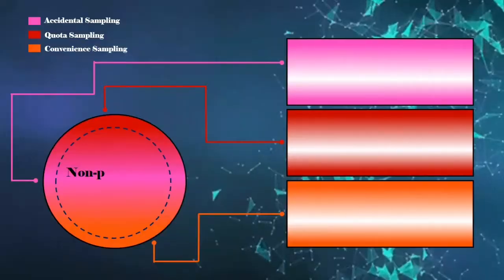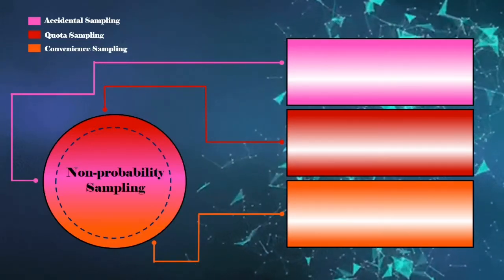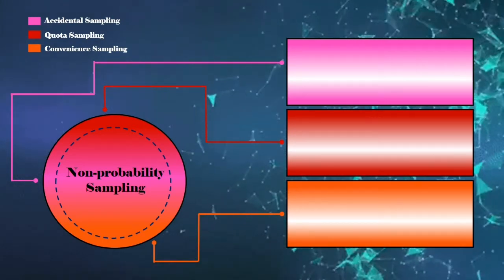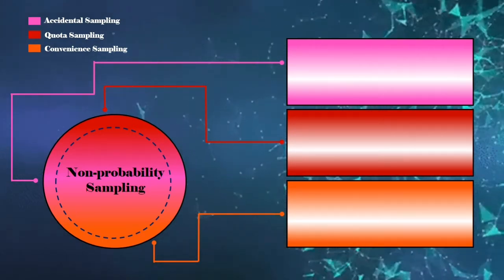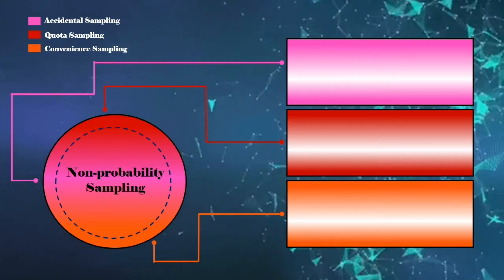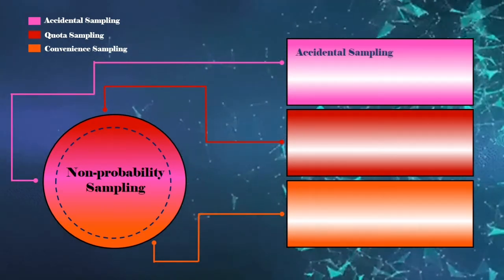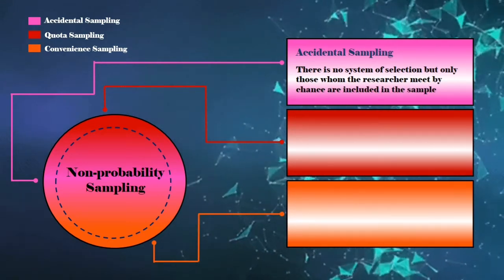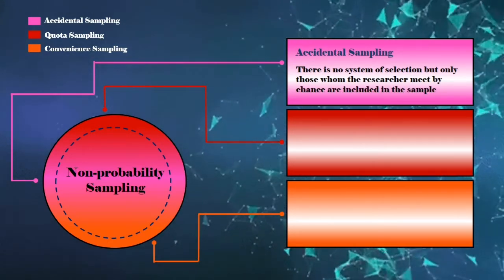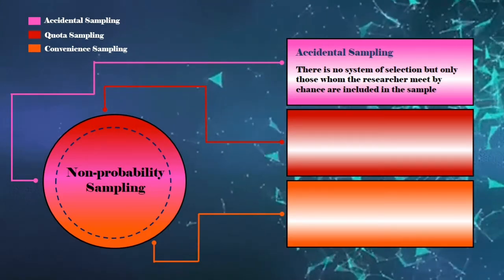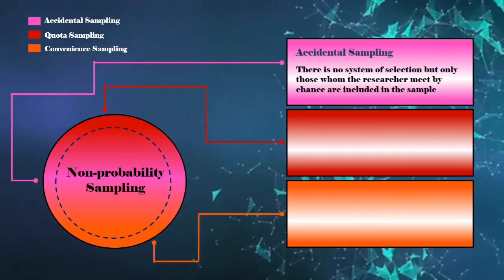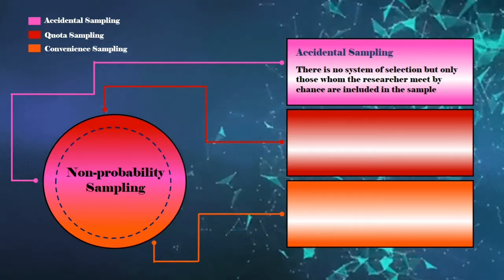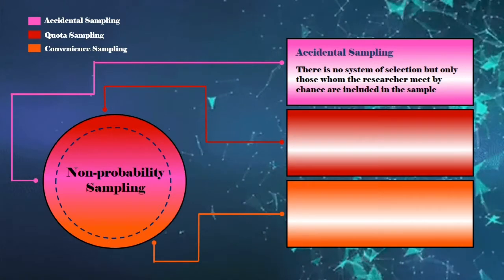Then for non-probability sampling, we have three: accidental sampling, quota sampling, and convenience sampling. So what about accidental sampling? By the word itself, it's by accident. In this kind of non-probability sampling, there is no system of selection of the sample, but only those whom the researcher met by chance are included in the sample.